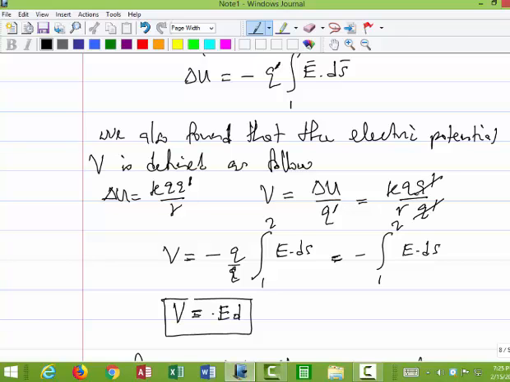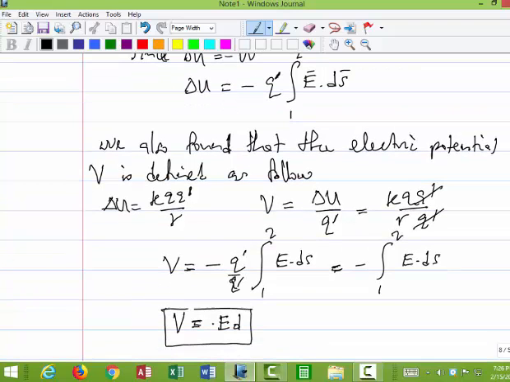So those two cancel out. That's why we ended up with this formula. So this is Q prime over Q prime. Okay, so make that addition here. Delta U is equal to that. This is something we found earlier for different charges. And V is delta U over Q prime. So KQ Q prime over R times Q prime.